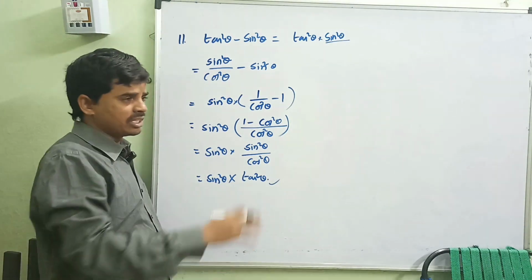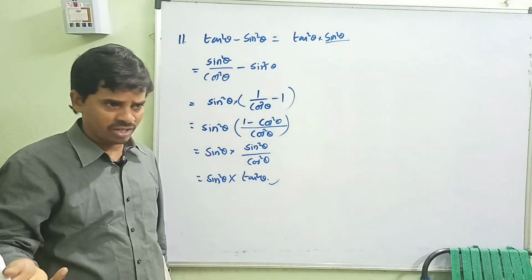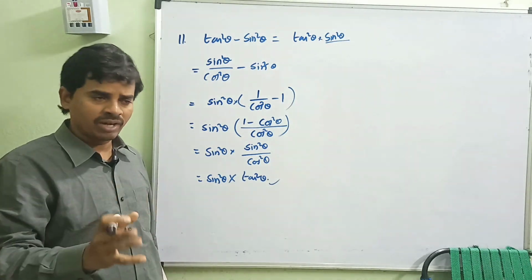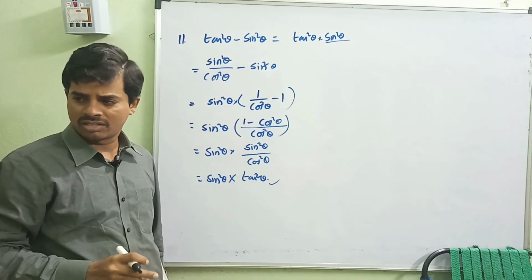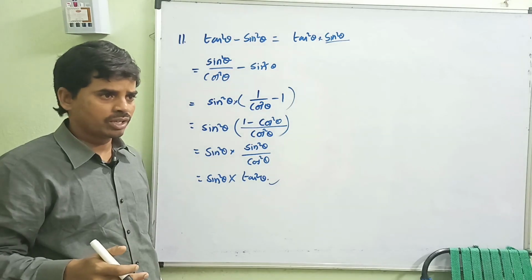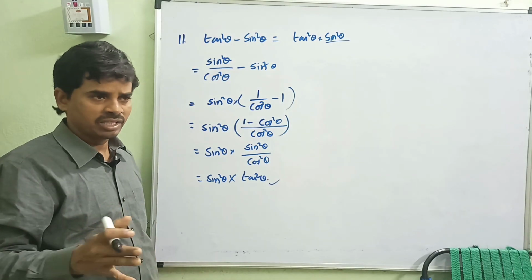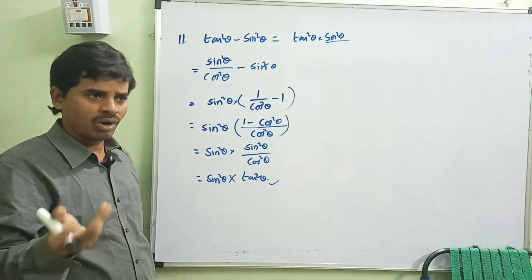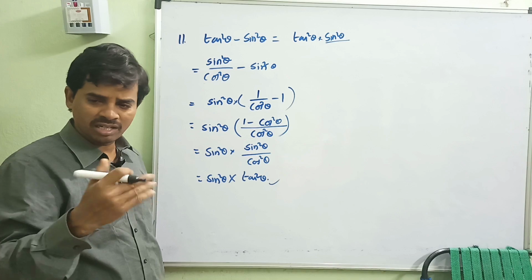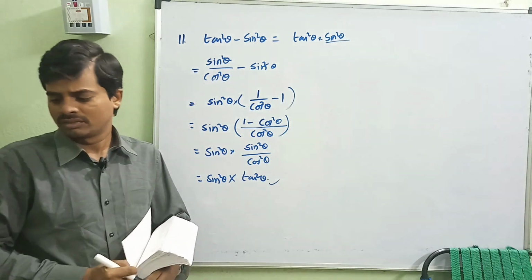Like that we should think. Changes can be done in many ways, there are so many possibilities. But what is the required one? By just observing the required answer, we have to analyze ourselves. There is no shortcut or formulas. Data, question, answer, what is required to prove, that only we should analyze and we have to go on. Understand?